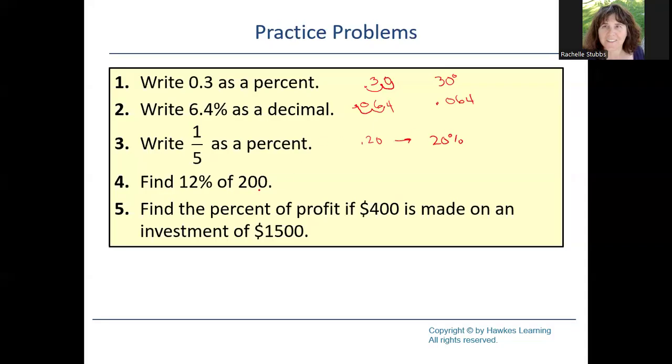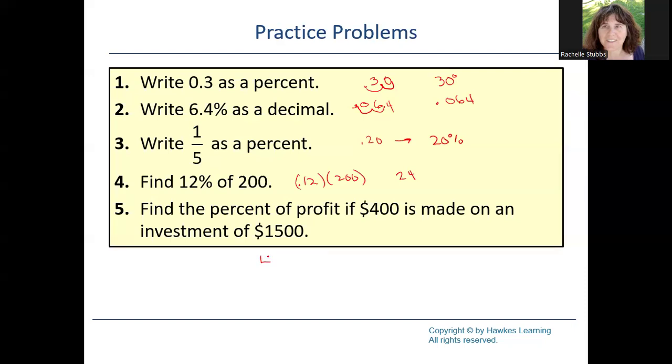Find 12% of 200. Well, that would be 0.12 times 200, and that would be $24. And find the percent of profit if 400 is made on an investment of 1,500.